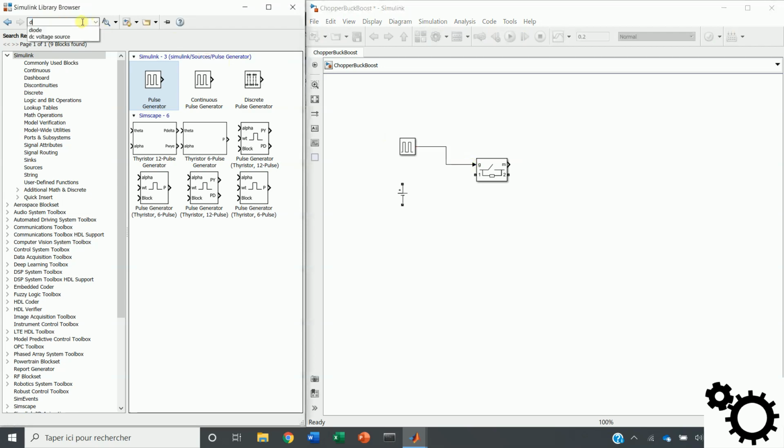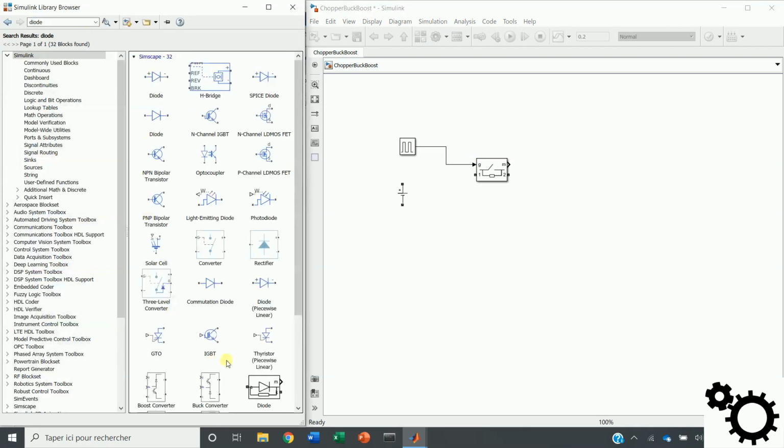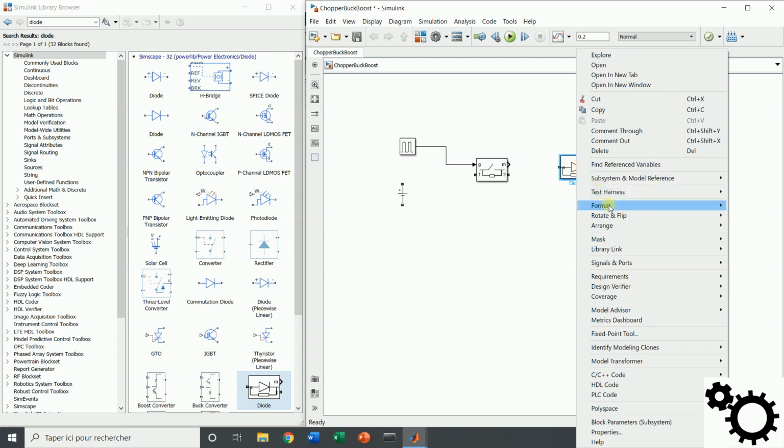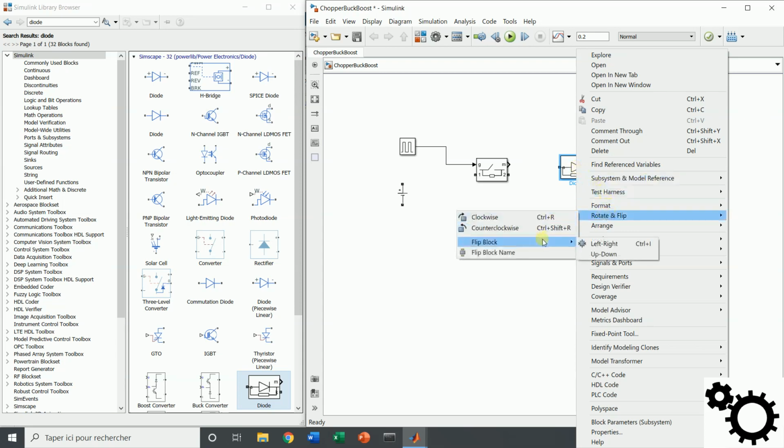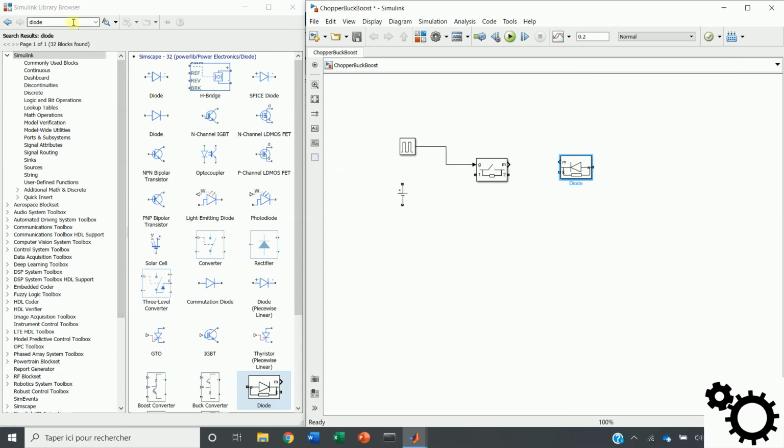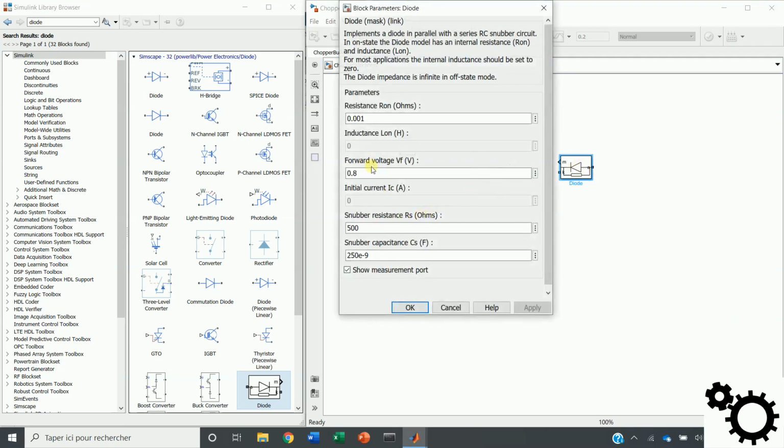Now we need a diode. And we can remove the diode losses.